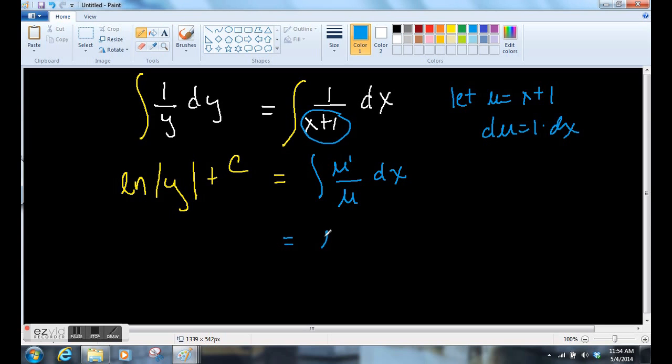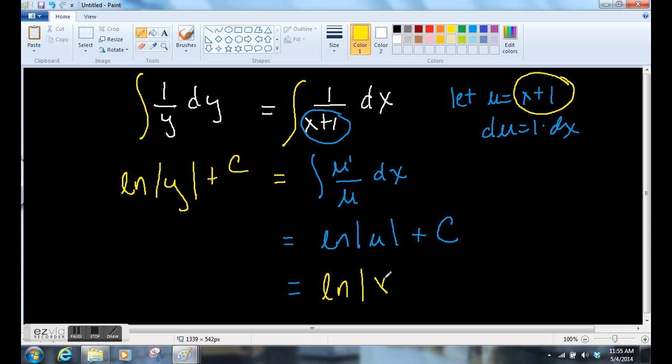The reason I did that is that now this is equal to the natural log absolute value of u plus a constant. I'm being very formal. Probably most of you will just switch right away. We have to substitute back: natural log absolute value of x plus 1 plus a constant. And over here we have natural log absolute value of y plus a constant.